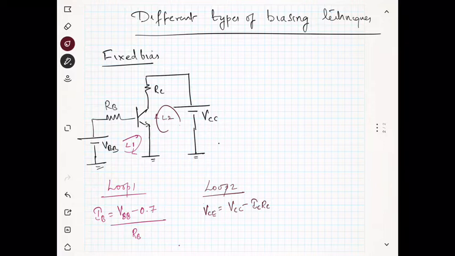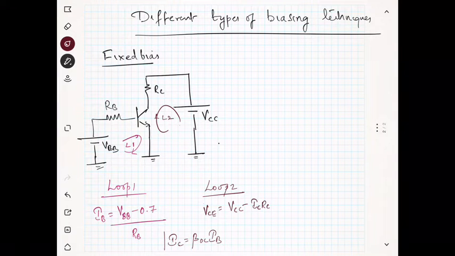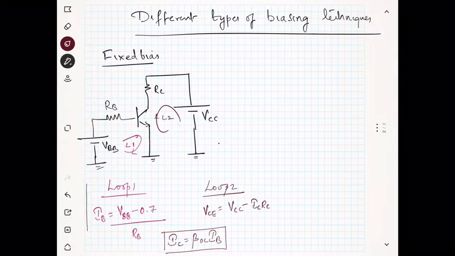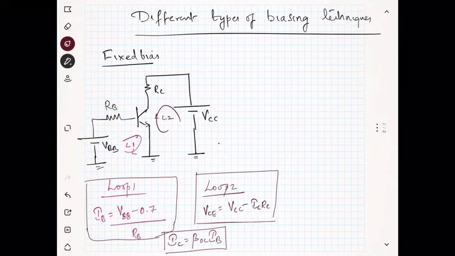And how do we find IC? IC is equal to beta DC times IB. So these are all the basic loop equations in the case of fixed bias.